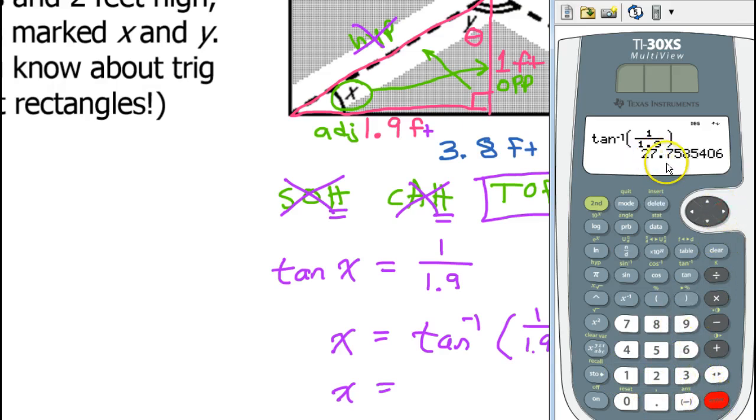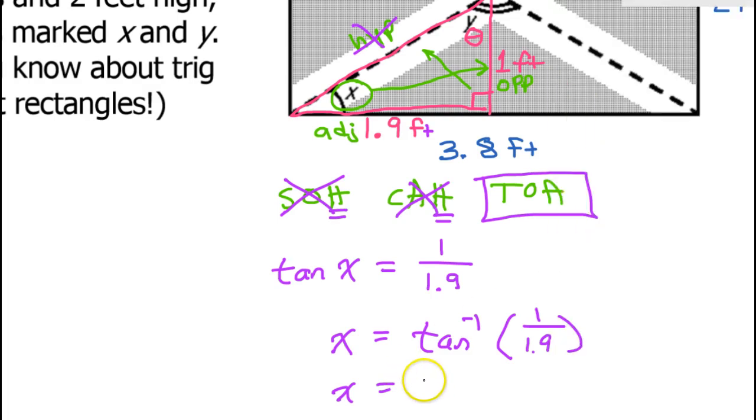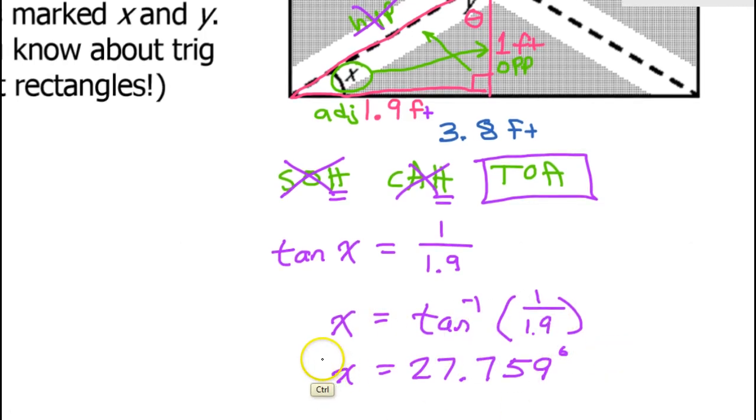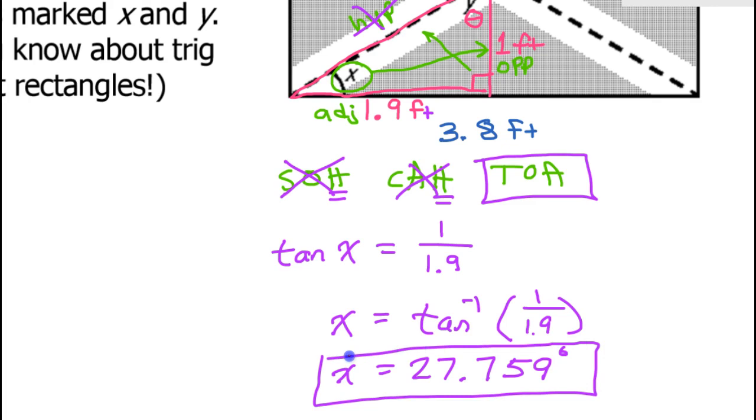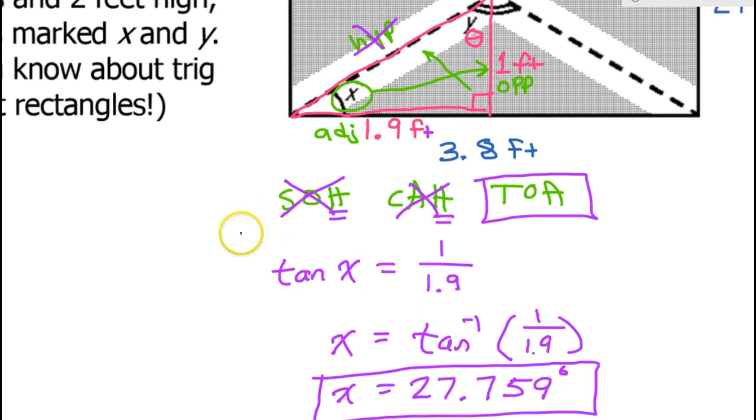That is 22.759 degrees. Got to round up. Okay, so that is one of the things that we were supposed to find. Alright, we were supposed to find x.